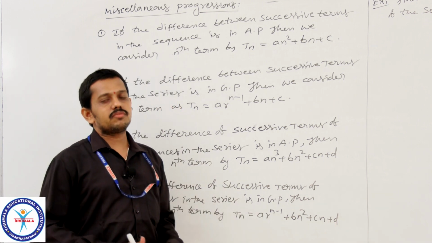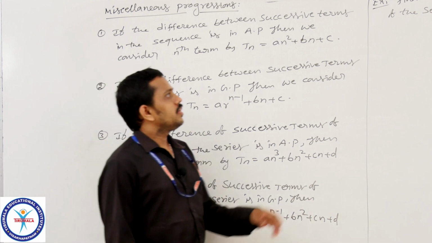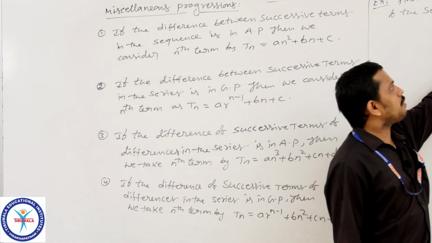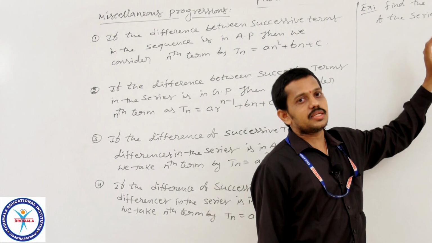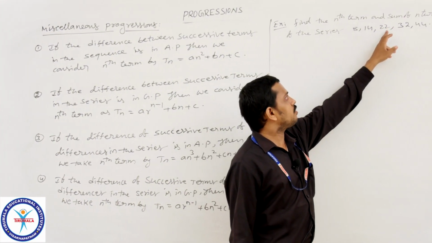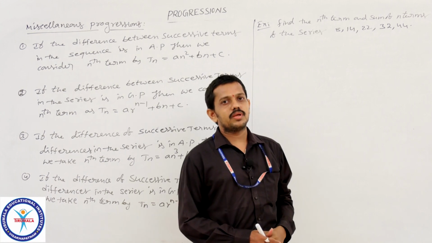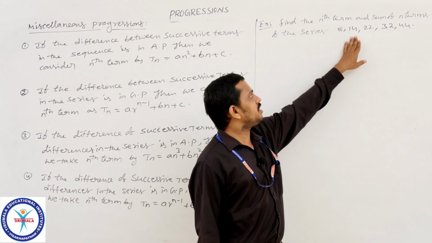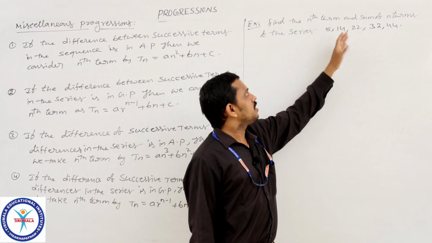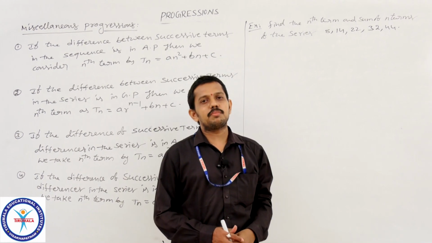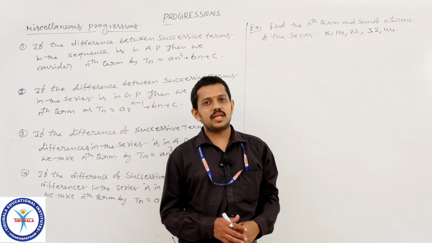Now, based on this we will see one example. Find the nth term and sum of n terms of the series 8, 14, 22, 32, 44 and so on. Clearly this is not in AP, not in GP, and does not belong to any of the methods we discussed earlier.